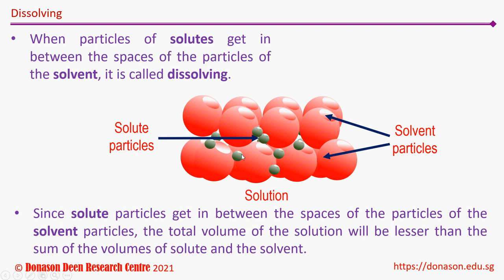It would be lesser than 100 cm cube. The reason being some of the sugar particles are going to occupy the spaces of the solvent particles, in this case water, and the net volume of the solution is going to be lesser than the sum of the volumes of the solute and the solvent.